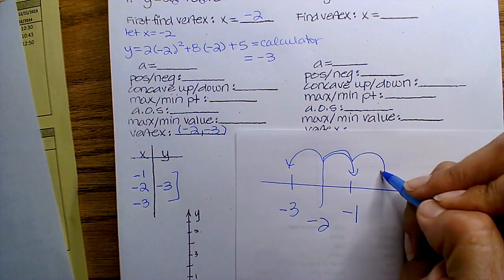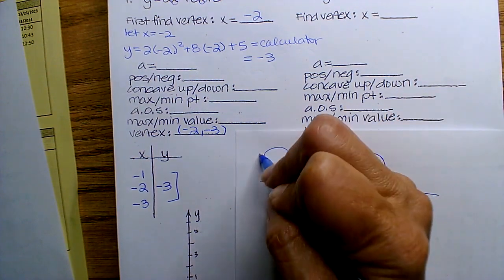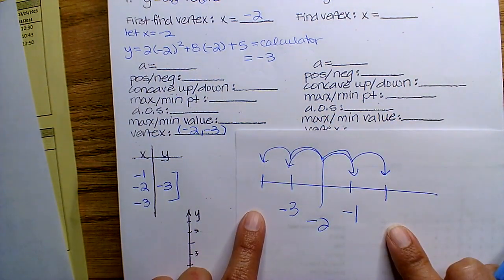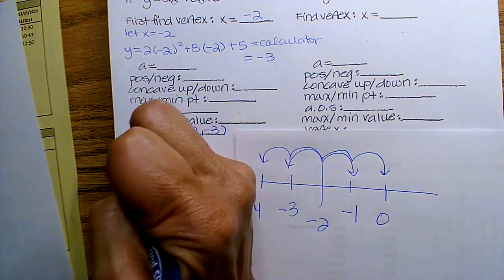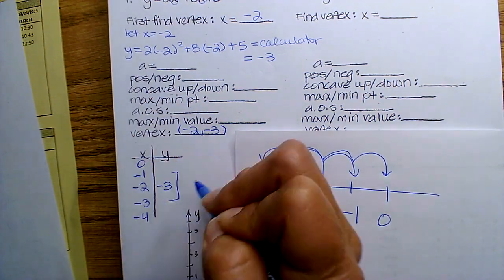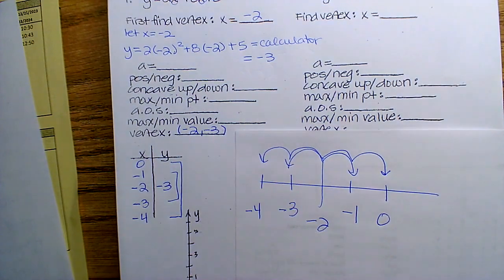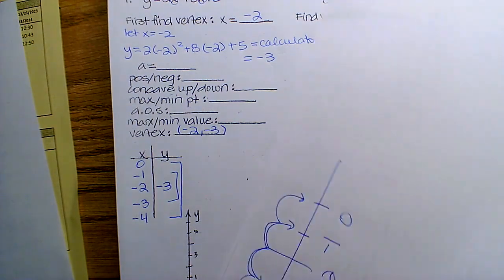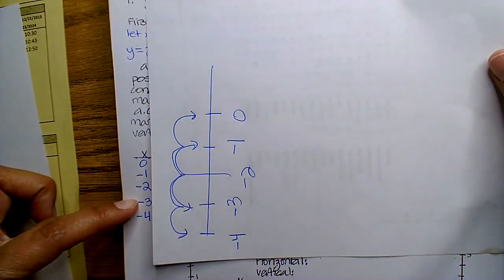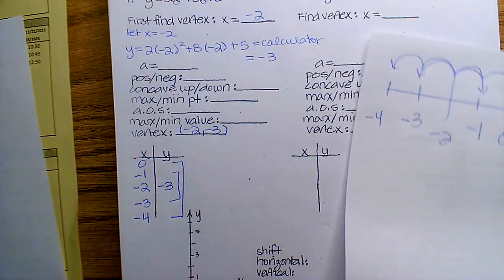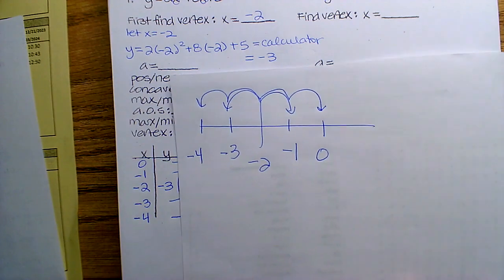And now go 2 over, and what are these two? -4 and 0. So you just want to think of a number line. And so that's how you build your table. It just gets turned vertically. And so 0, -1, -2, -3, -4. That's it. Just think of a number line, right?